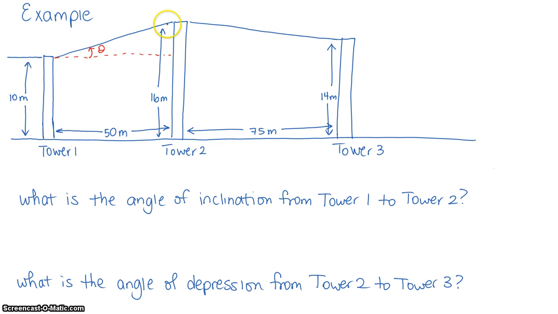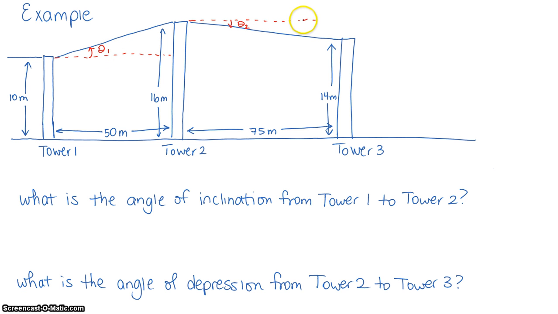The second question says, what is the angle of depression from tower 2 to tower 3? Tower 2 is 16 meters tall, down to a 14-meter tall tower. So again, my horizon starts at tower 2, and I'm going down to tower 3. It's an angle of depression, so it's going below the horizon. So there's my second angle, theta 1 and theta 2.